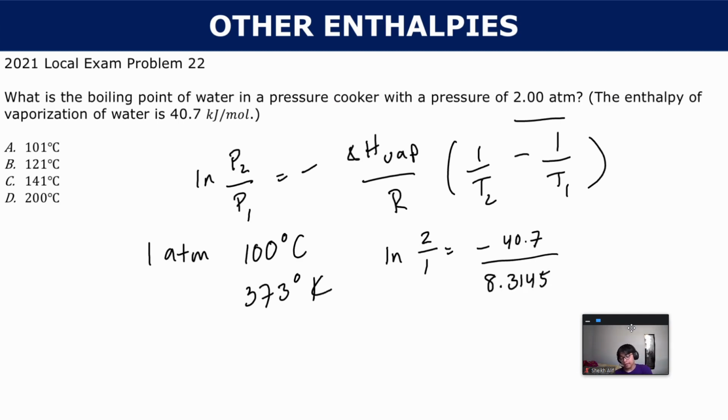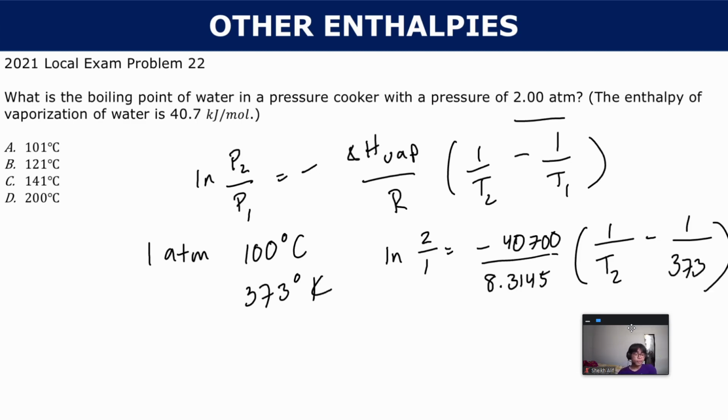And since we're using 8.3145, we have to convert this value into joules, because before we had it at kilojoules. Then our T2, the second condition, is what we're trying to figure out, and the first condition is going to be at 373 degrees Kelvin.